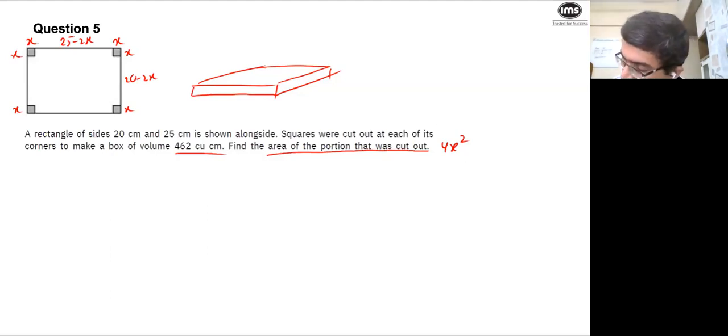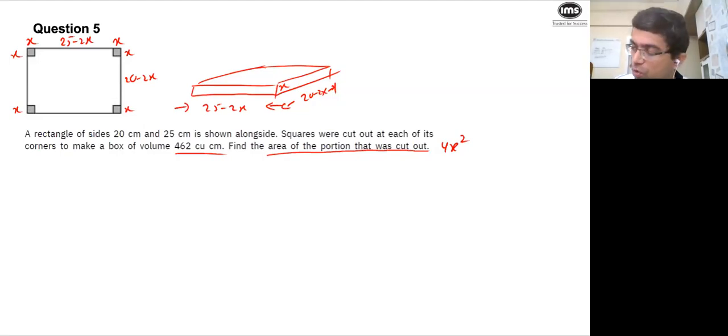Now imagine the height of such a box will be x, right? The length will be 25 minus 2x and the width is going to be 20 minus 2x. It just needs a bit of visualization: length is so and so, breadth is so and so, height is so and so. What is the volume of a box?